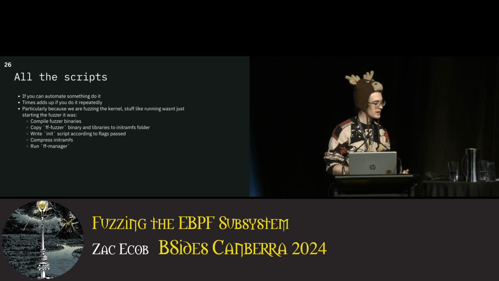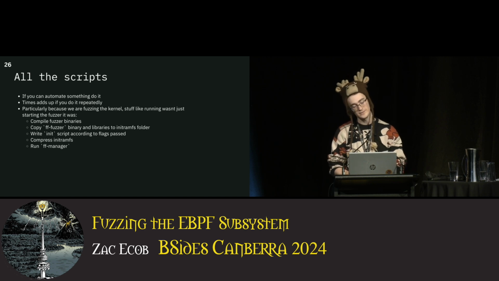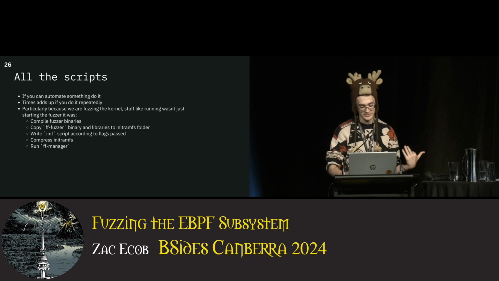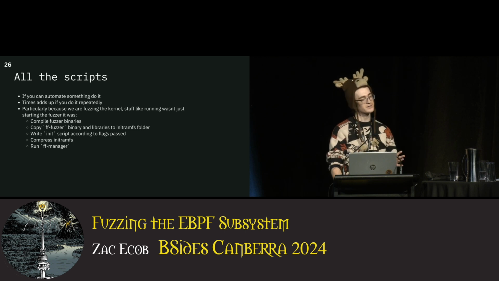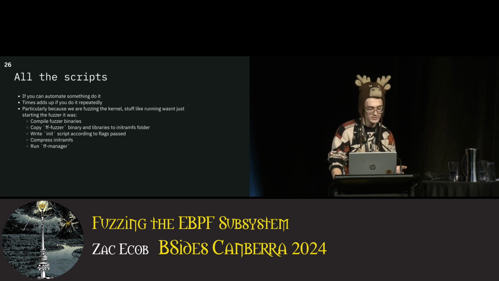But for the kernel, I have to compile the binaries and then copy the fuzzer binary and the relevant libraries to the init ramfs folder. And then I write the init script in the ramfs folder according to the options I set. Then I compress it. Then I run ffmanager, which then spawns QEMU, which I'm using to virtualize. That isn't too complex, but it's just really cringe to do all those commands all the time.